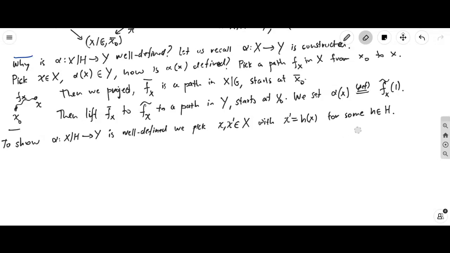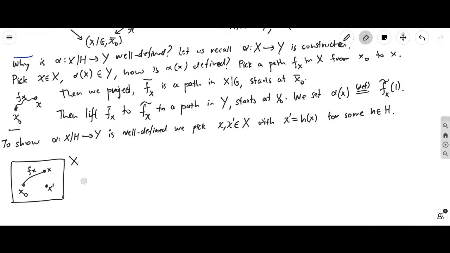Okay, now, here is the picture. We have x0. So let's maybe do it like this. Let's say the square represents the simply connected space, and that's x0. And then you're going to have a point x, you're going to pick a path fx. And here you're going to have x prime.